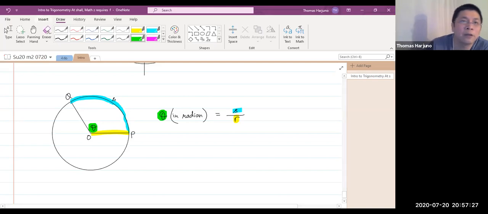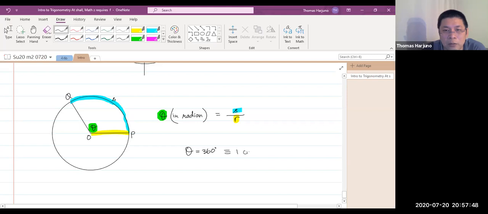Now, let me derive the relationship between theta in radian and theta in degree. Notice that 360 degrees corresponds to one full circle, one cycle, right?